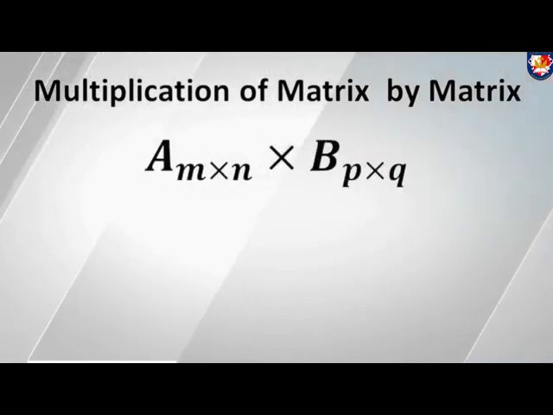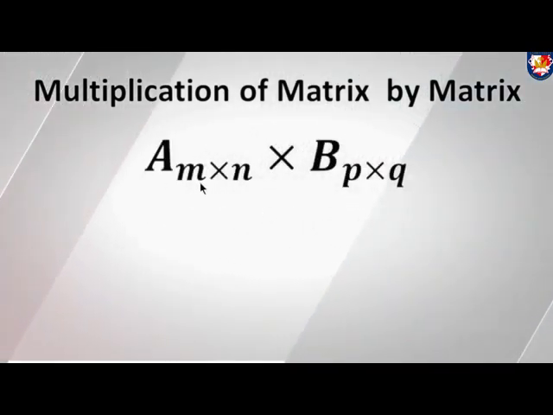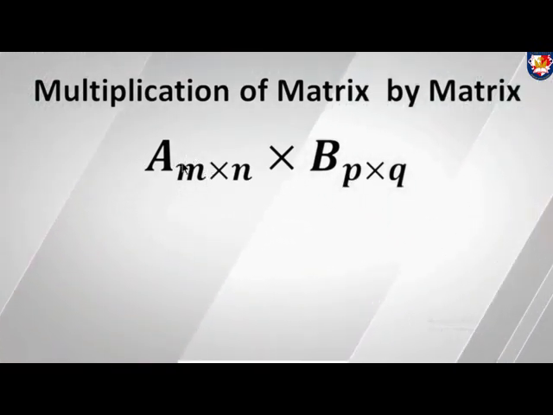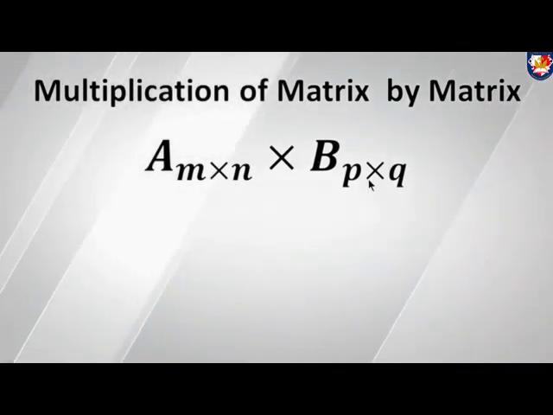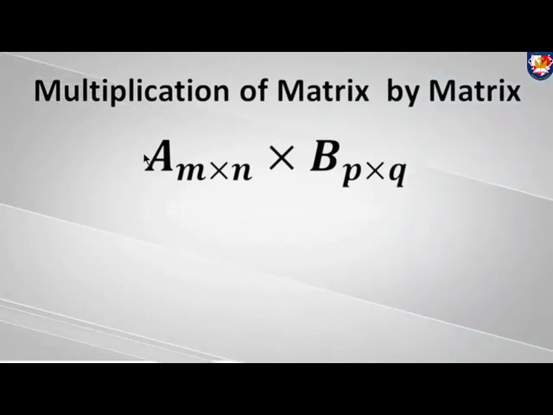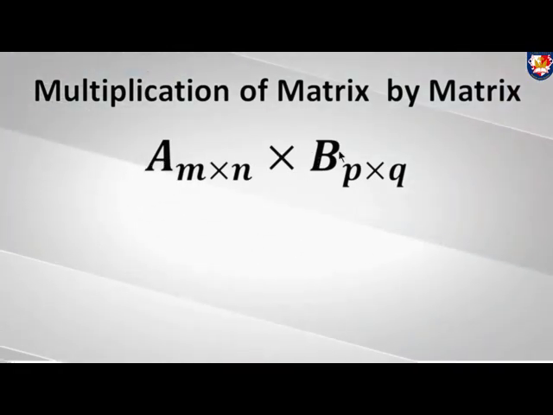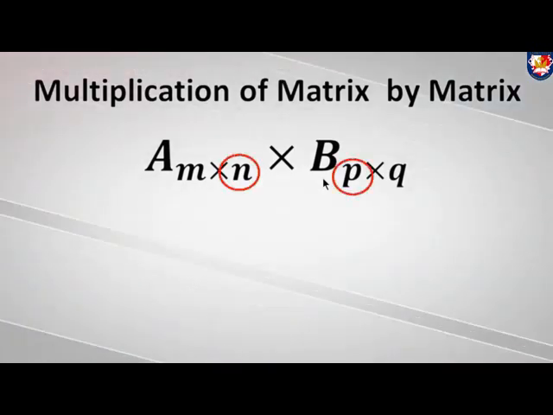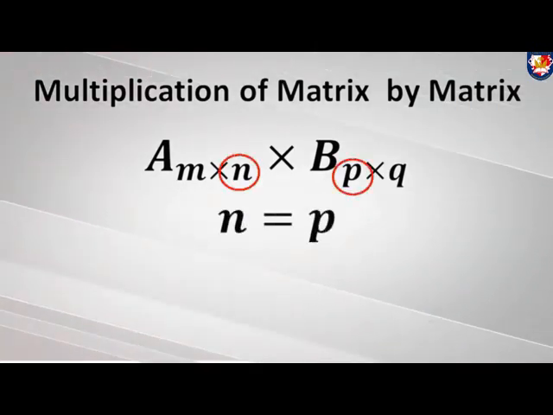Let A and B be matrices with the order of A being m by n and the order of B being p by q. m represents the number of rows and n represents the number of columns of matrix A. p represents the number of rows and q represents the number of columns for matrix B. A and B are able to multiply if the number of columns of matrix A equals the number of rows of matrix B, or n must be equal to p.